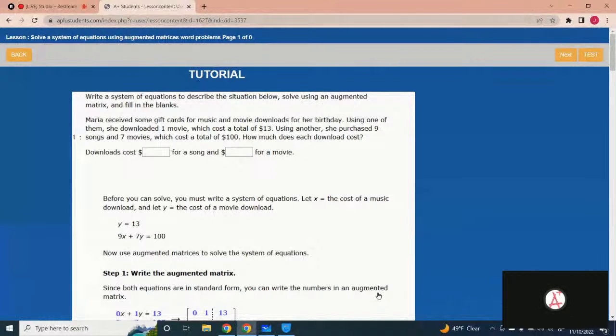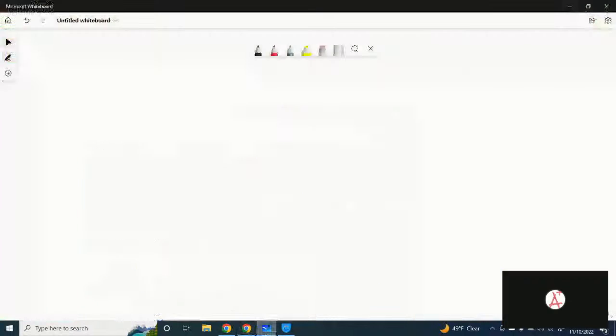So you have to write down the equations. Got it? So x is the cost of songs and y is the cost of a movie. So let me write down the equations.